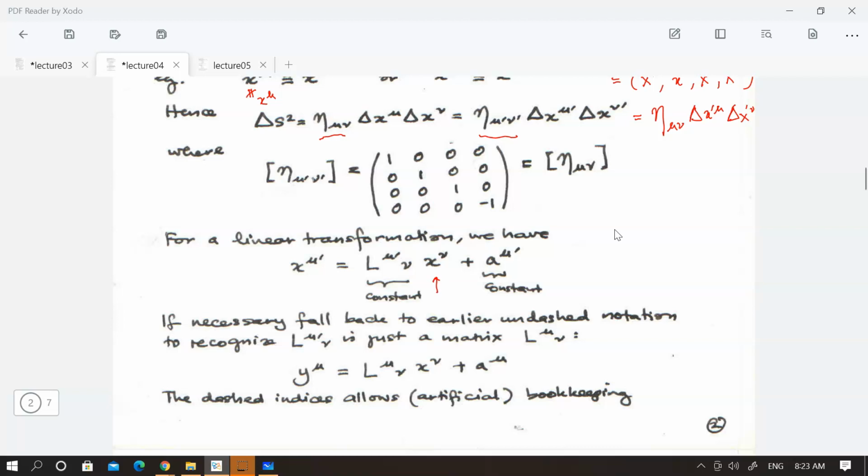The other part that is allowed in a linear transformation, well, not quite. I should be more careful about this. A linear transformation that you have come across in maths methods would not have this constant addition here, okay?